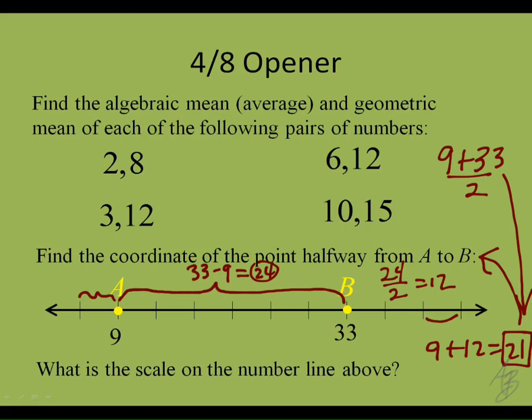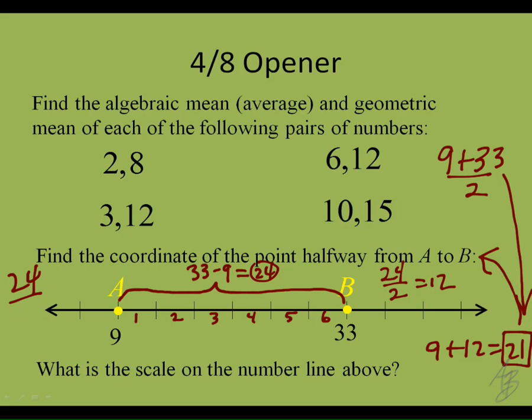Allie, how could we find that? I did 33 minus 9 equals 24, and then 24 divided by 6 because there's 6 spaces. Okay, good. So we'll count the number of spaces here. There's 1, 2, 3, 4, 5, and 6 spaces between the 9 and the 33, between A and B. So if we take the distance that Tiffany found earlier, that 24, and divide it by 6, that's going to give us what, Allie?